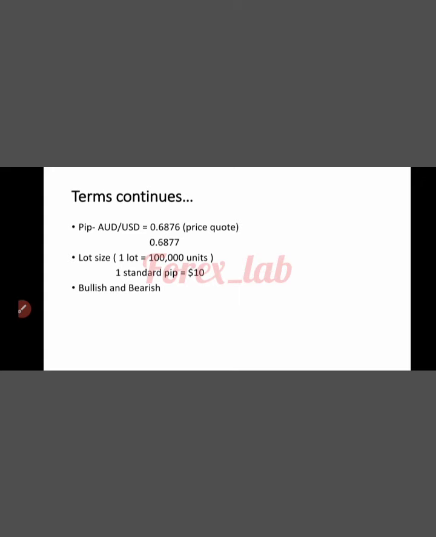Since one standard pip is equivalent to $10, when the incremental movement is 10 pips, it means we are having a $100 gain already. I hope this is clear.